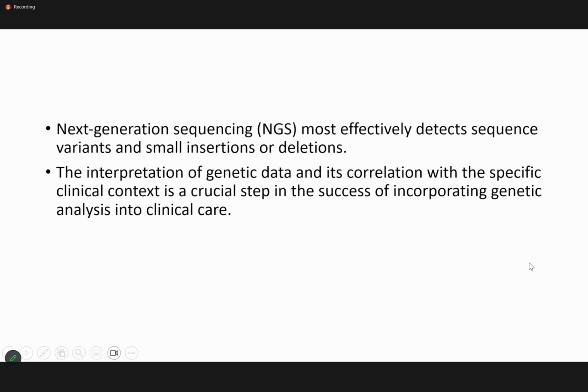Next generation sequencing most effectively detects sequence variants and small insertions and deletions. The interpretation of genetic data and its correlation with the specific clinical context is a crucial step in incorporating genetic analysis into clinical care.